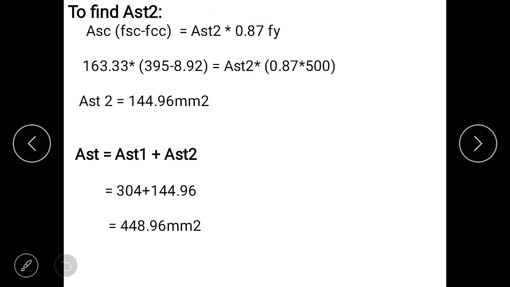Now we have to calculate total Ast. Why do we take Ast1 and Ast2 separately? Because sometimes the middle bars and corner bars have different diameters. So to find Ast2, we already calculated Ast1 and Asc, so by using Asc we easily find Ast2.